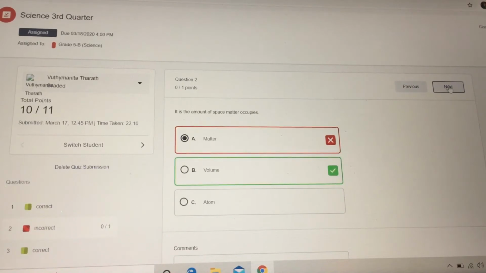Number two, so she got it wrong here, but it doesn't matter because I'm still explaining this one. The red one says here it's wrong, and the green one is the correct answer. This is a type of amount of matter that occupies. Okay, last time, I don't know when I gave you the topic about volume.